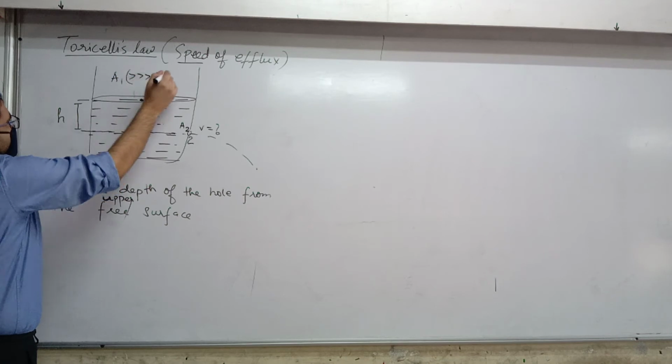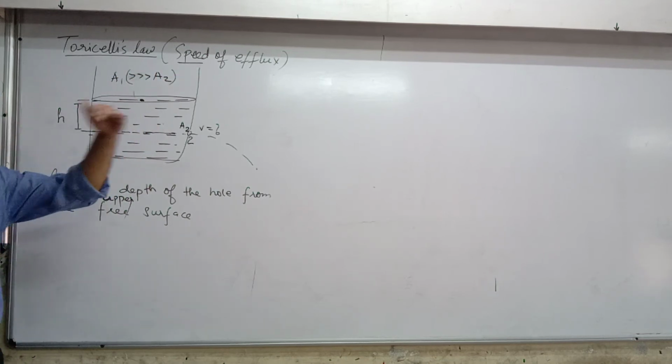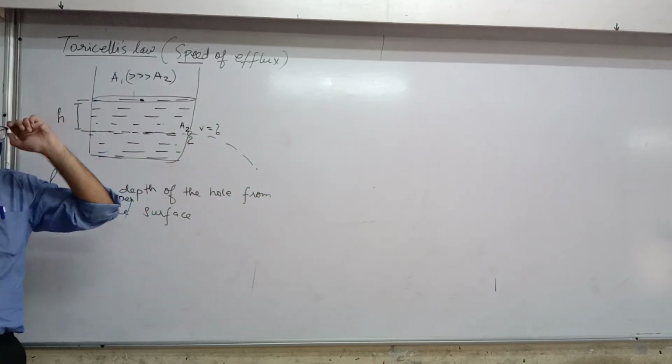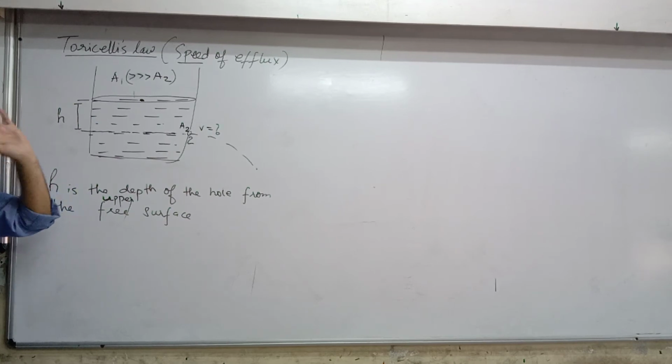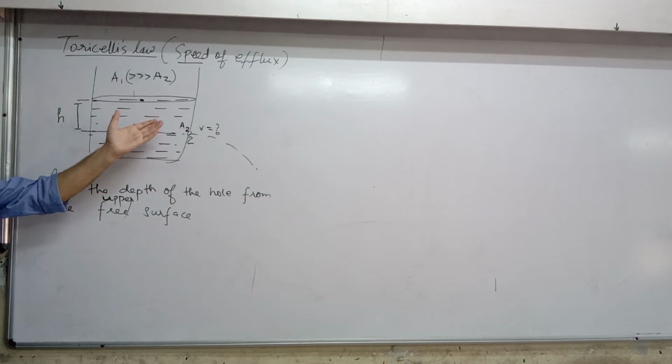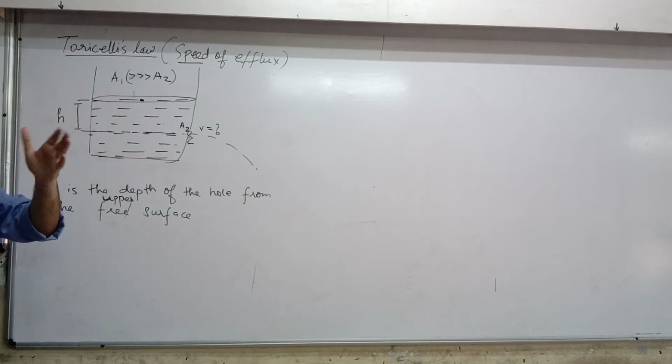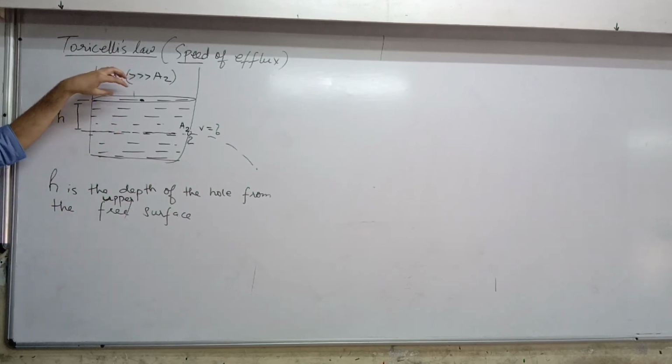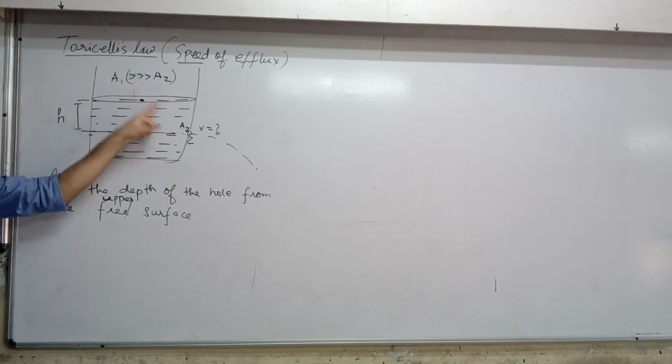You understand what I have written here? Yes. A1 is much bigger than A2. Right? Clear what this means? Yes. Right? This is a normal assumption. It is always like this. If a bucket had a big hole, that would be a ridiculous thing. It wouldn't be a vessel, because you can't fill anything in it. So, let's say we have this area and this area in this manner.